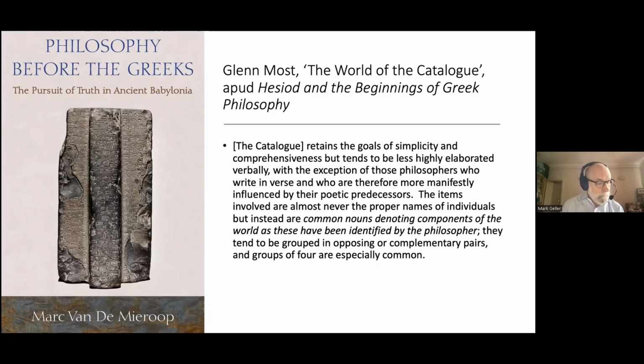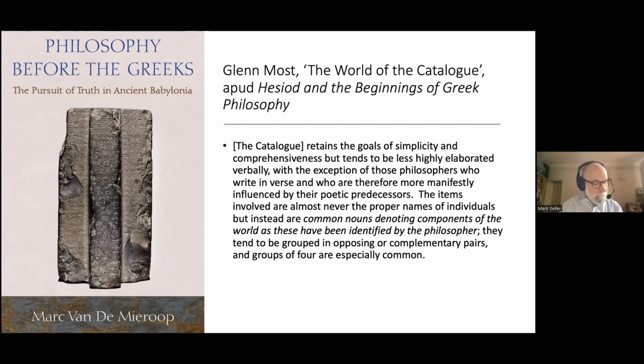Although having certain attributes of lists, these are poetic compositions. And Glenn Most explains that these catalogs are intended to provide a narrative based on proper names, but as such, they have little in common with their Akkadian lists.